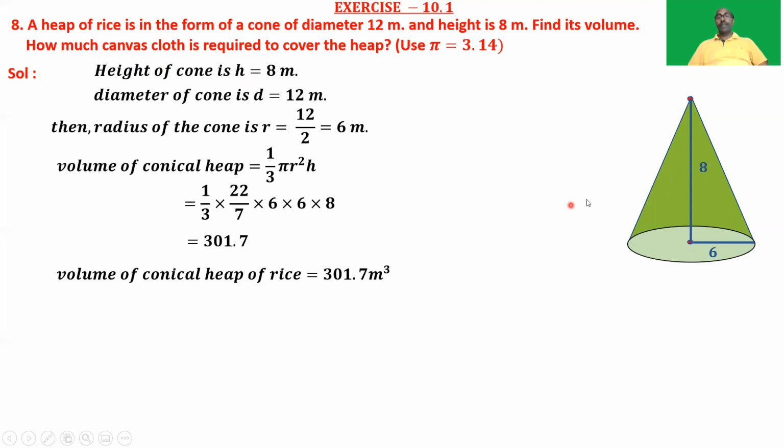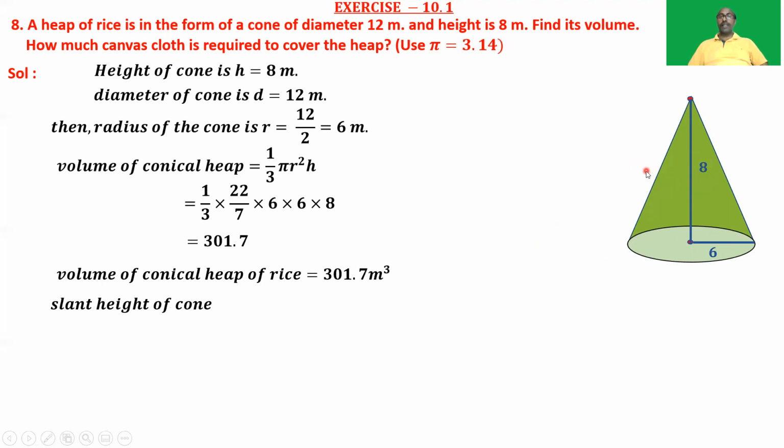Now we have to find the area of canvas cloth required to cover the heap. To cover the heap, we should cover its curved surface area and need not cover the area of the base. So we have to find its curved surface area, which is pi r l.